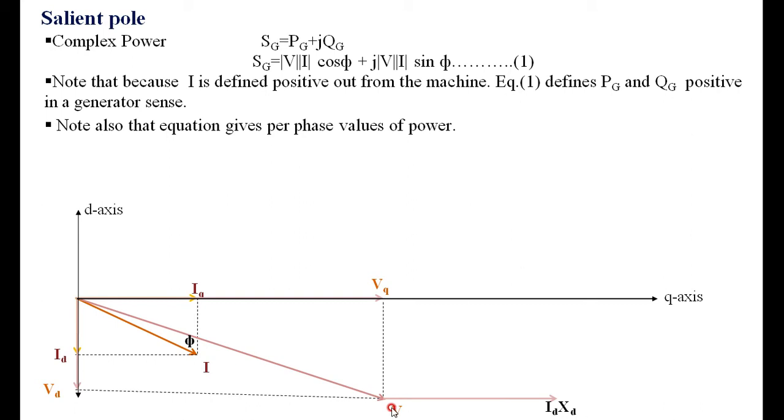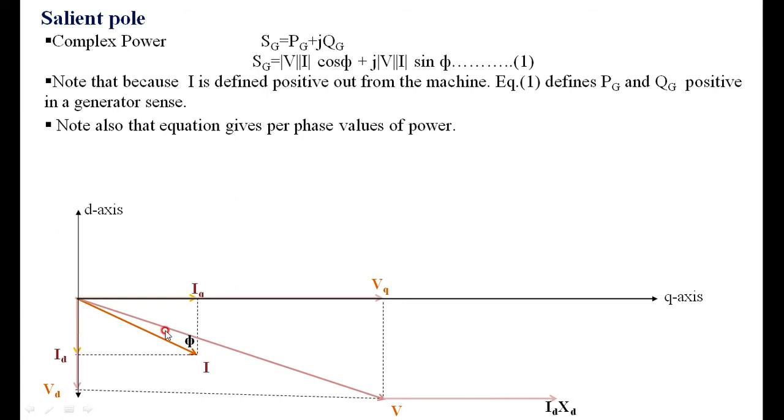Just have a look here. First, to V, I am adding IDXD, because we know that E is equal to V plus IDXD plus IQXQ, as a vector. First I added IDXD. To IDXD I have to add IQXQ. How have we drawn this IDXD? The IDXD should be perpendicular to ID because it is a reactance drop.